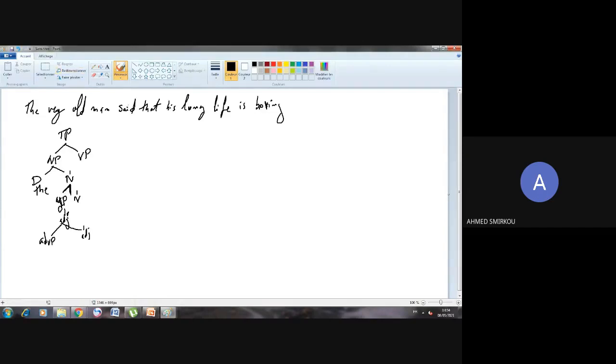Then from adverb phrase, adverb bar, adverb very. And from the adjective bar, we have adjective, and it is old. Fine. Now we go back to this N bar. We have man, and N, man. Fine. So very old is simply an adjunct, sister to N bar, dominated by N bar.